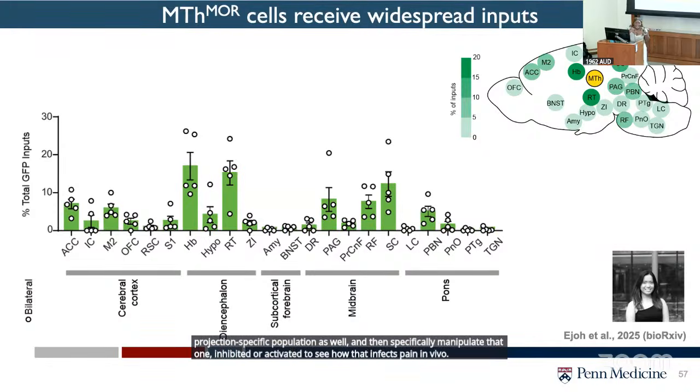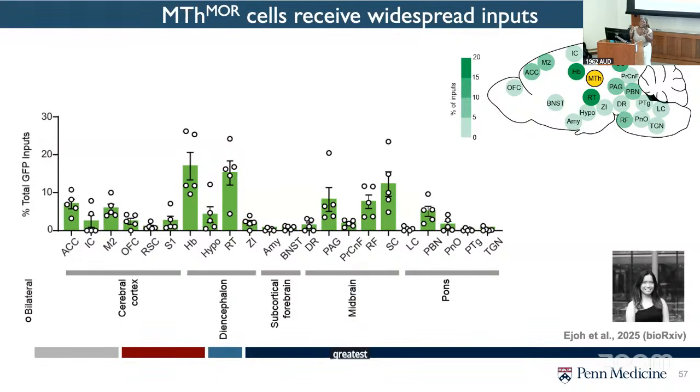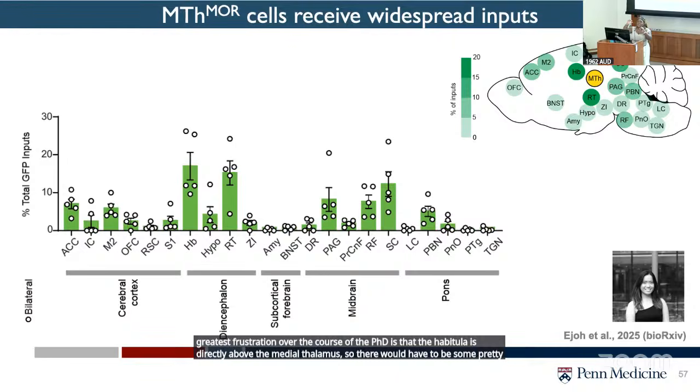The thing that Greg and I, to our greatest frustration over the course of the PhD, found is that the habenula is directly above the medial thalamus. So there would have to be some pretty sophisticated techniques to manipulate the habenula without getting any of the virus that you're using into the medial thalamus and vice versa as well.